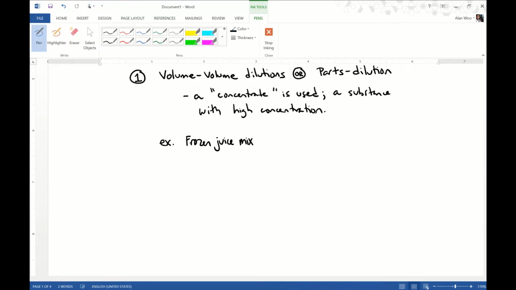So let's take a can of juice that's frozen. Let's say this whole block here is my concentrate. And because I'm using orange, this will be orange juice concentrate.